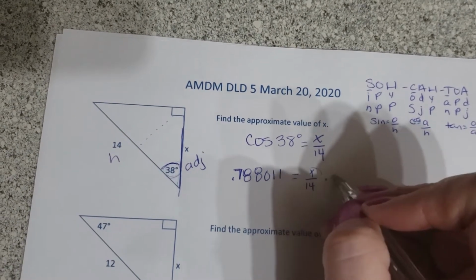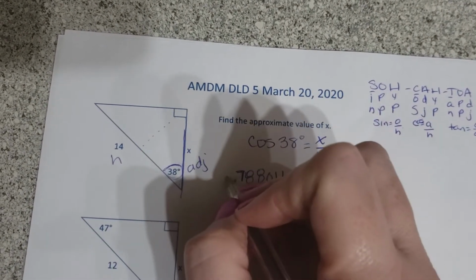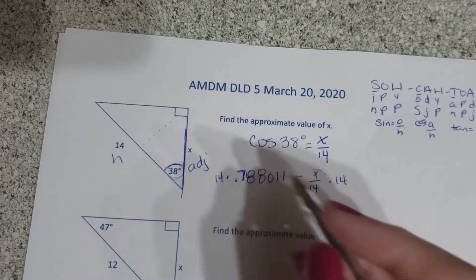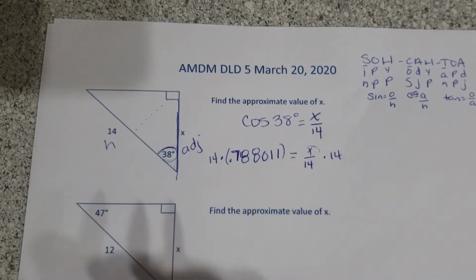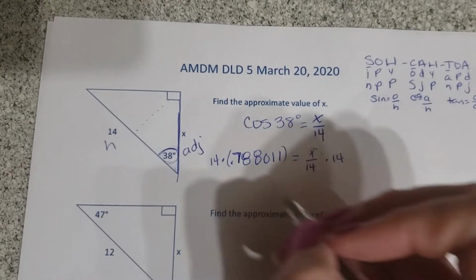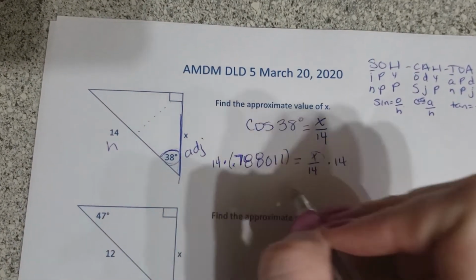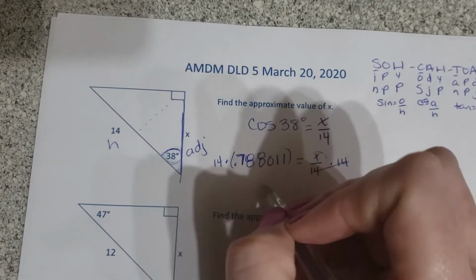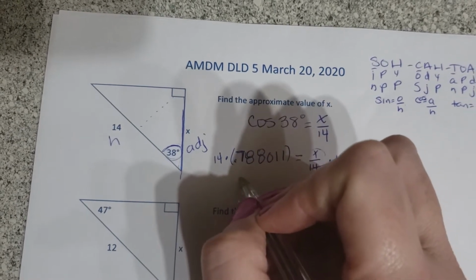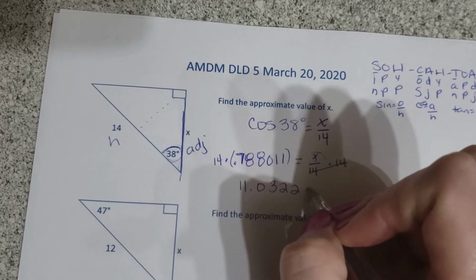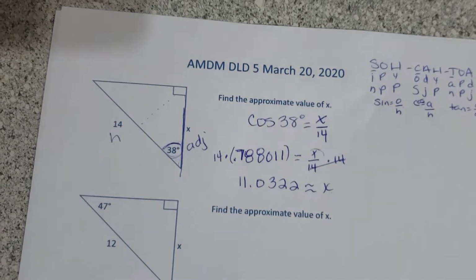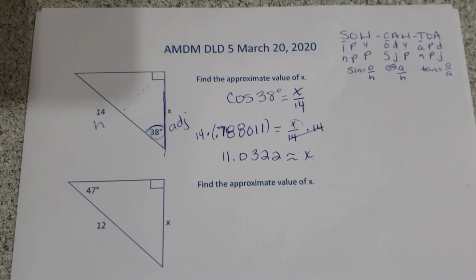So I'm going to multiply both sides of this equation by 14. So I've got my original value of cosine of 38, and I'm going to multiply by 14. And that tells me that 11.0322 is approximately the value of x.